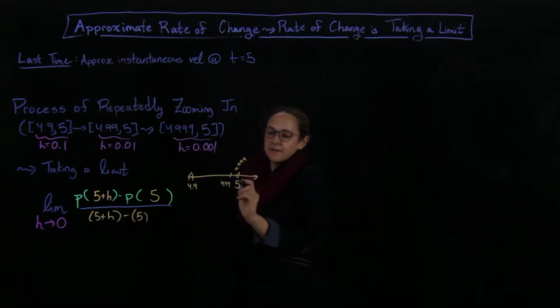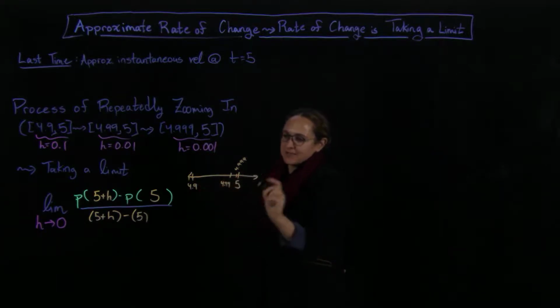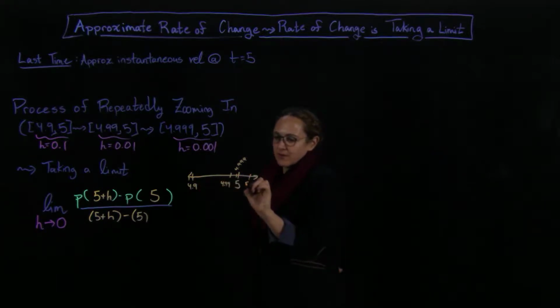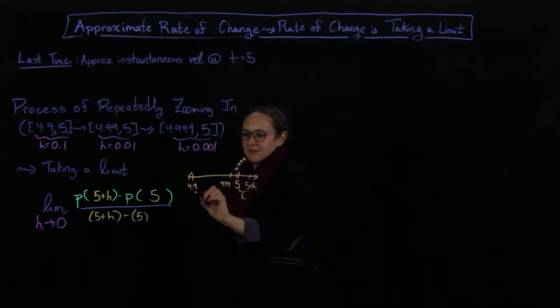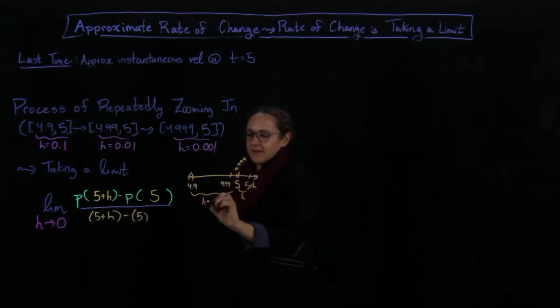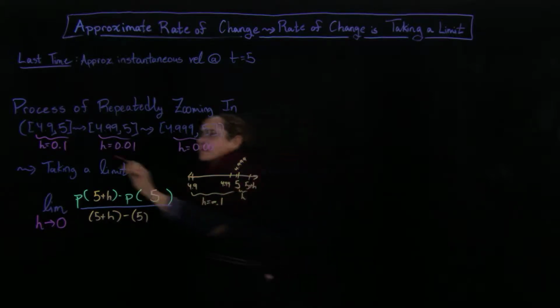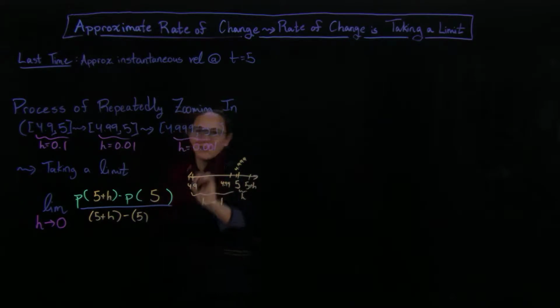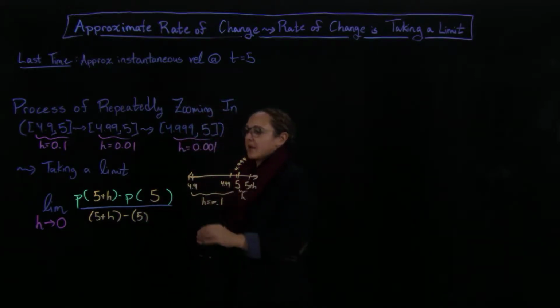Then 5 plus h could be negative here, which it is in these circumstances, or it could be over on this side, so that this little length is h. This is where we have h equals minus 0.1 and so on. I wrote 0.1 and 0.01 and 0.001 when I really mean minus those, but you can see what I mean.